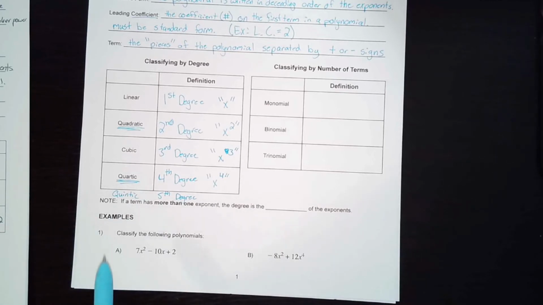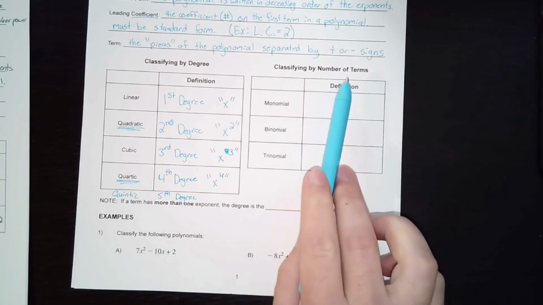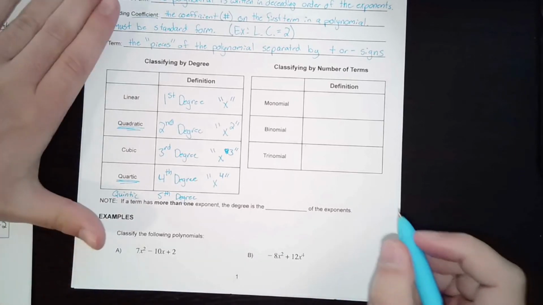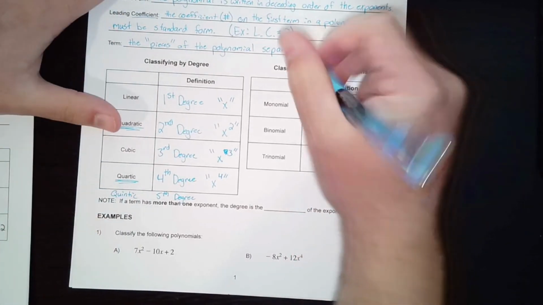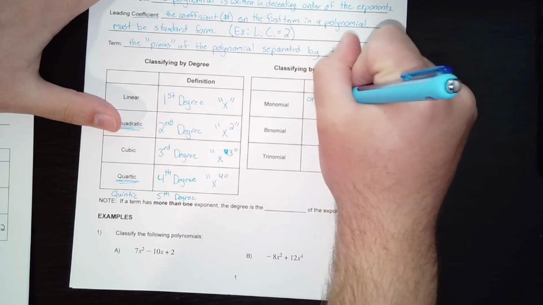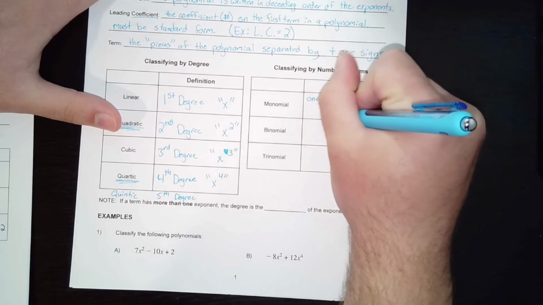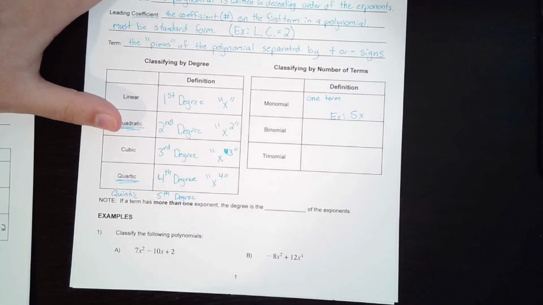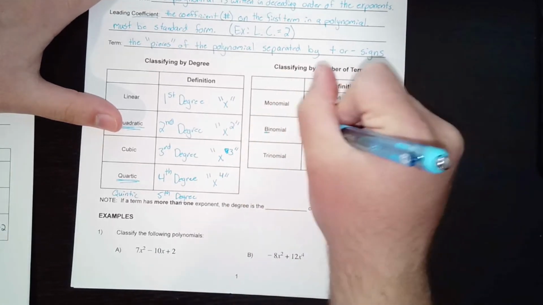Okay. Next, we're going to get classifying by the number of terms. So the number of things that I have as part of the polynomial also tells me a lot about it as well. Okay, and so we get 3 of these. The first one is what we call a monomial. This is one term. You can think of it simply as something like 5x. We have a binomial, which, if you know, prefix bi means 2.